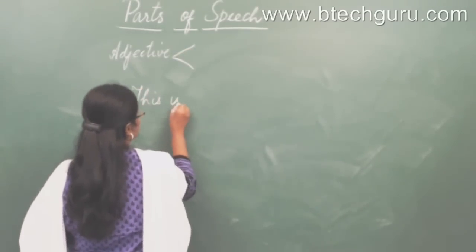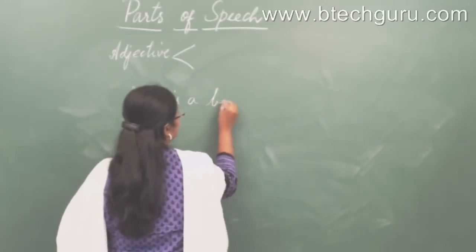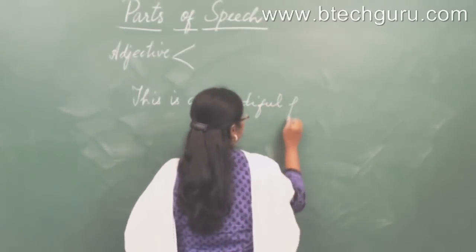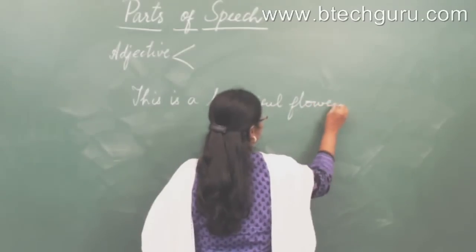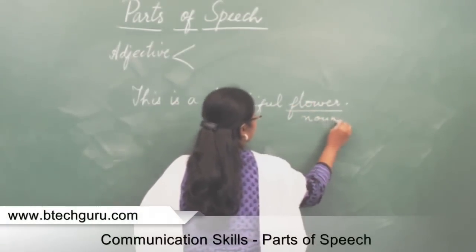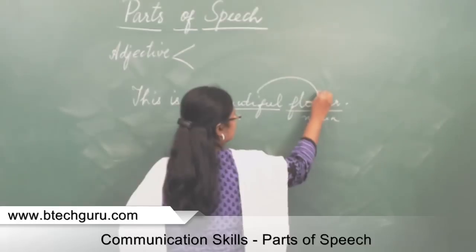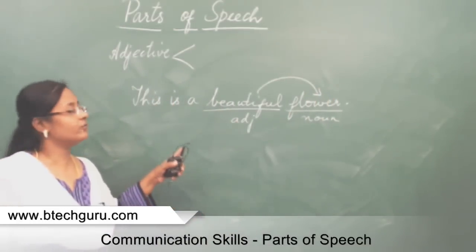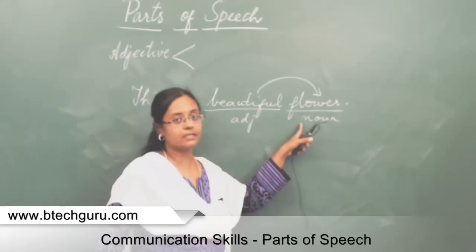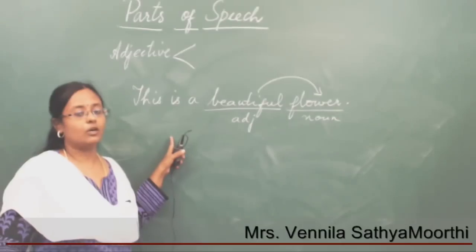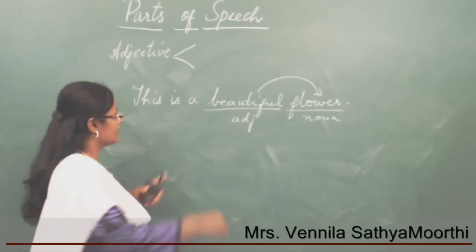See, this is a beautiful flower. Now, flower is a noun, and this word talks about the noun, so it is an adjective. Very often you find the adjective placed before a noun, but there are also sentences where it is placed after.